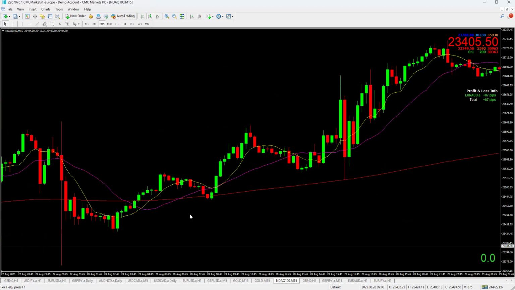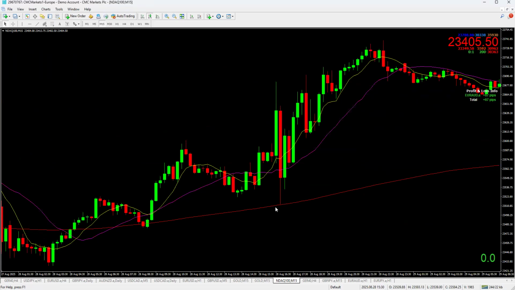You can see here on NASDAQ, this happens to be the 15-minute. Like I say, it works on all time frames. When the 200 is below, then the 20, then the 10, the moving averages are confirming that it's an uptrend.